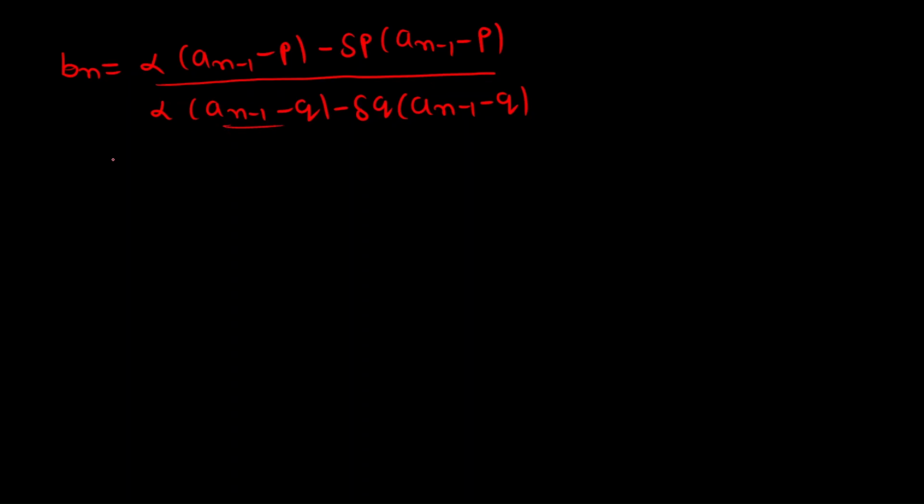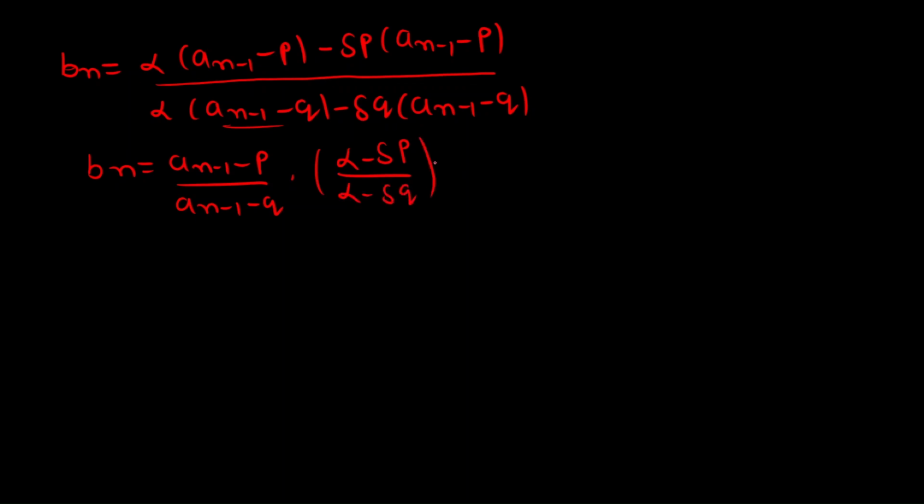I'll get bn is equal to an minus 1 minus p by an minus 1 minus q times alpha minus delta p by alpha minus delta q. Since this is a constant, we will call it some k.